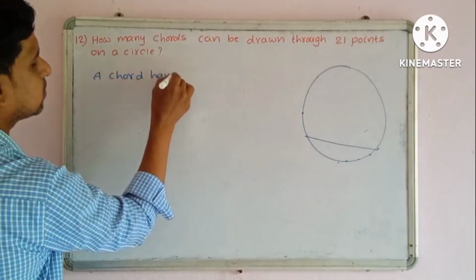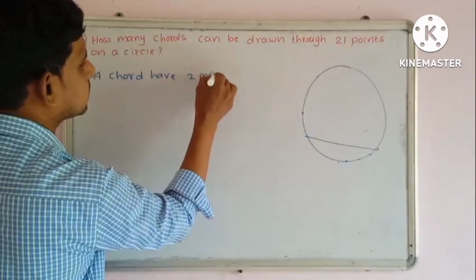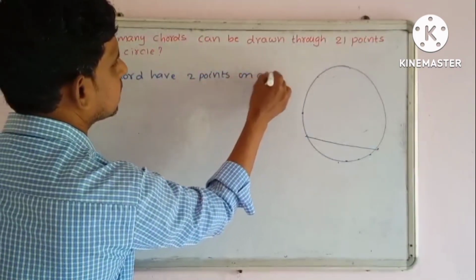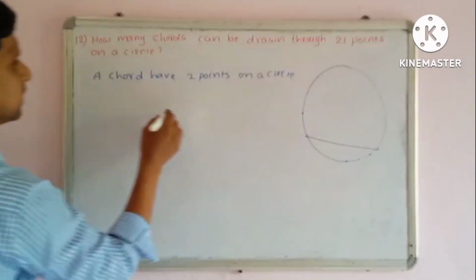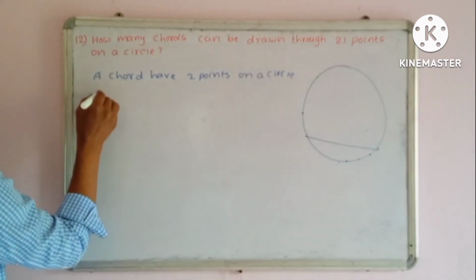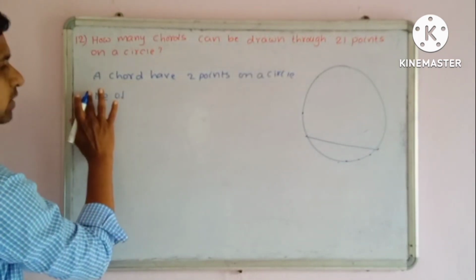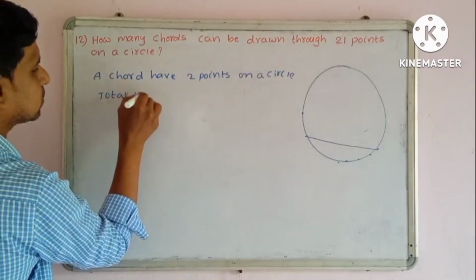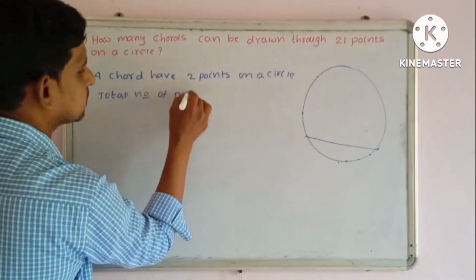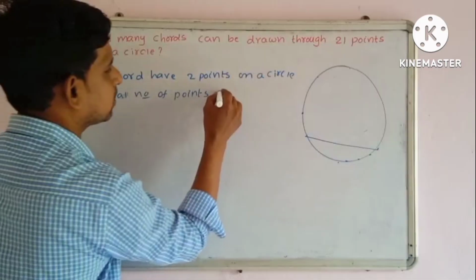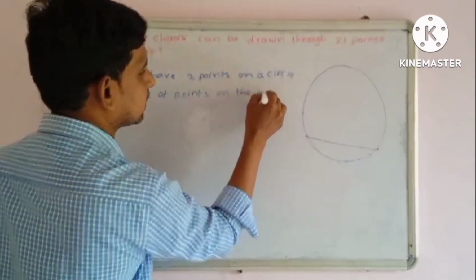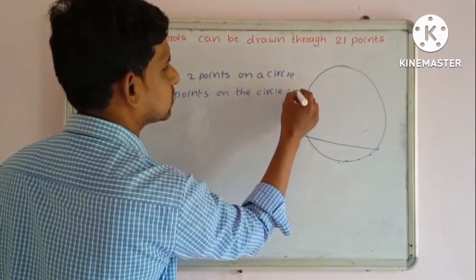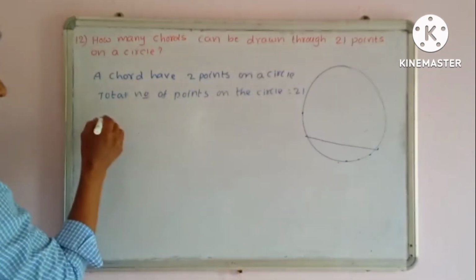A chord has 2 points on a circle. Here, total how many points are there? 21 points. So the total number of points on the circle equals 21.